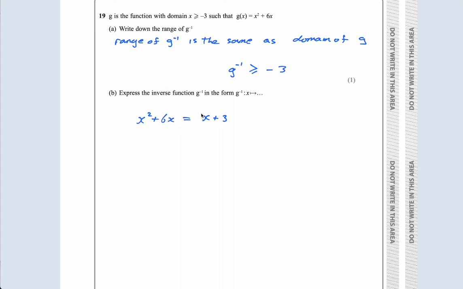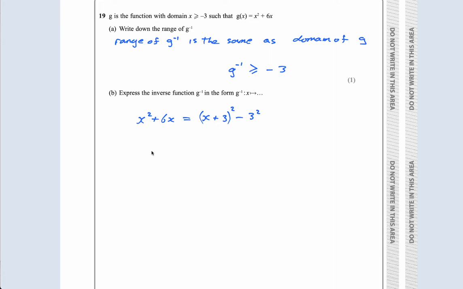You half this to 3. Half 6 is 3. Then you do x plus 3, and you square that. And this gives me x squared plus 6x plus 9. I don't like the 9 because there's no 9 here, so I have to subtract 9. I subtract this squared, so it's minus 3 squared, or minus 9.